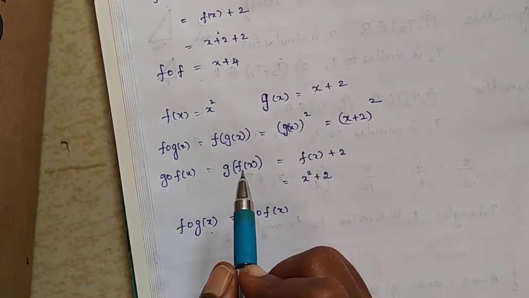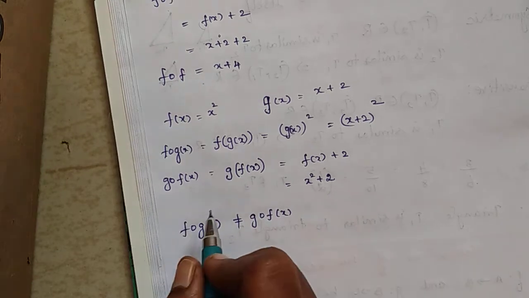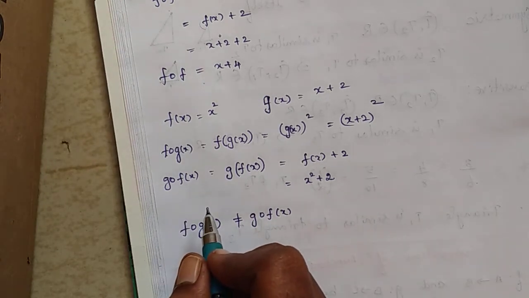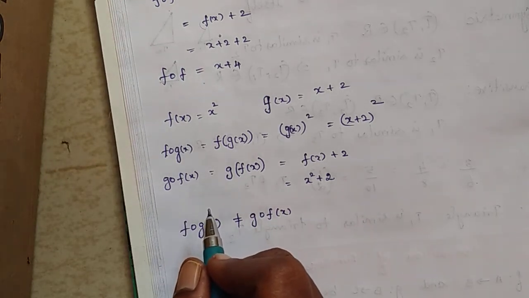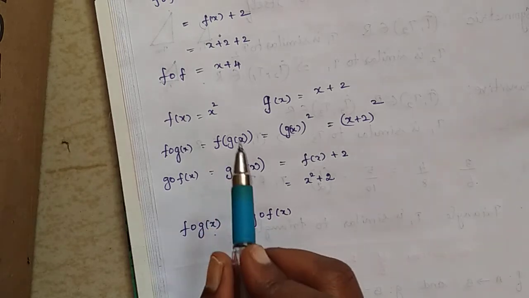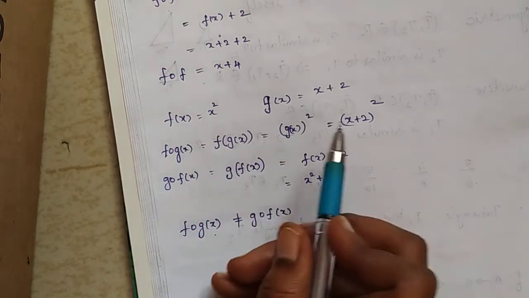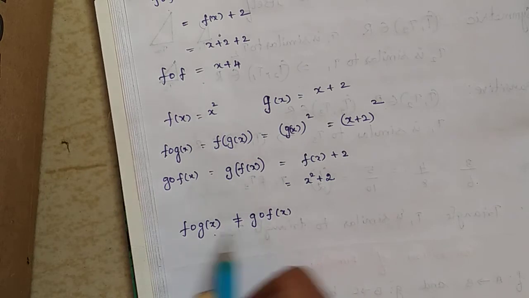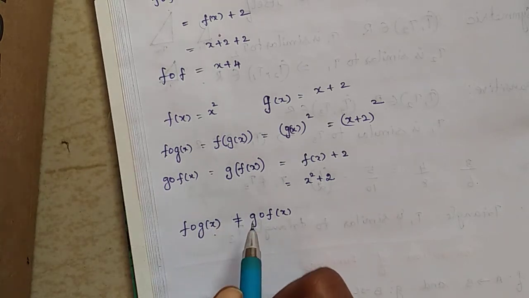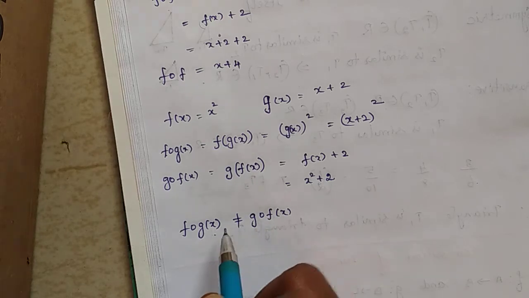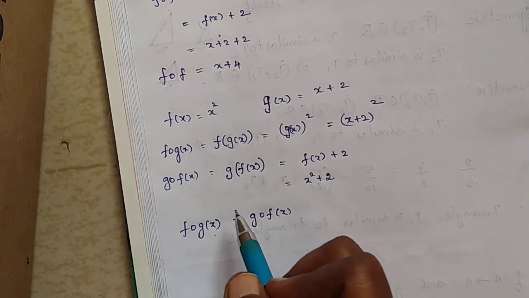In some cases, f of g and g of f will be equal also. For the given functions f of x and g of x this is not equal, but f of g and g of f will be equal for some functions also.